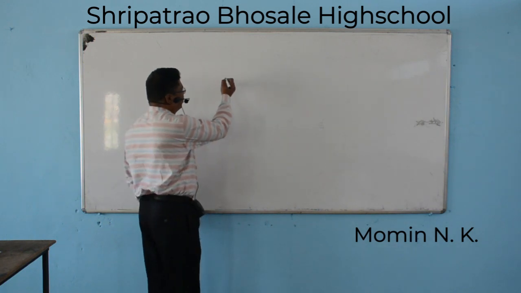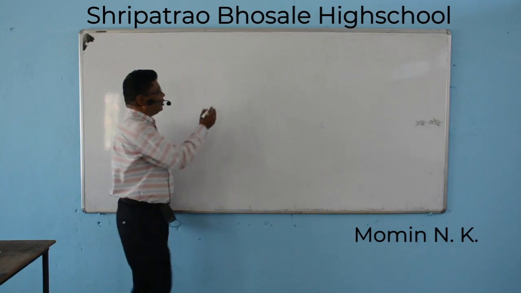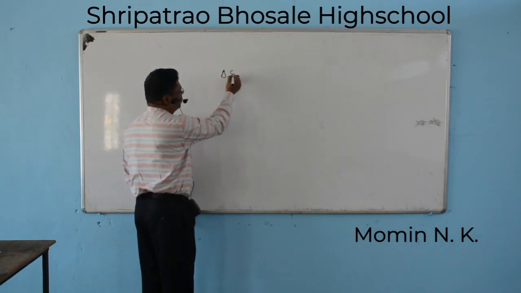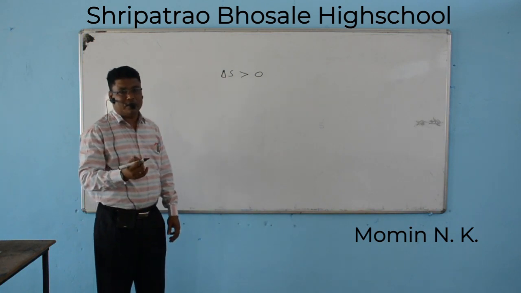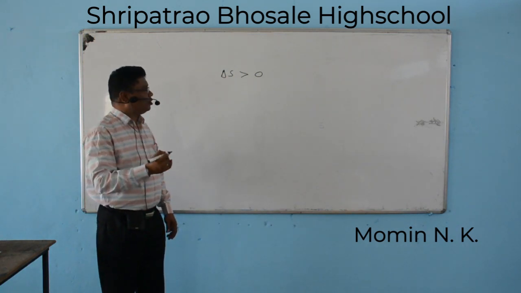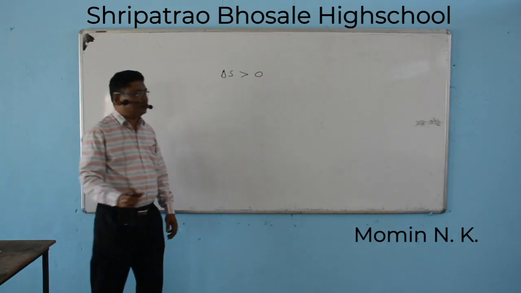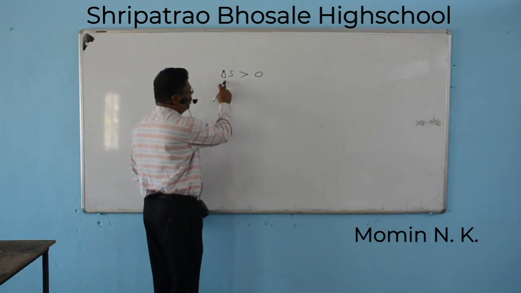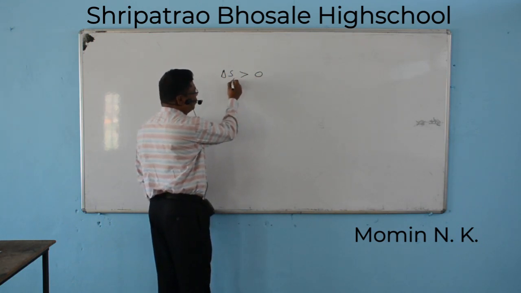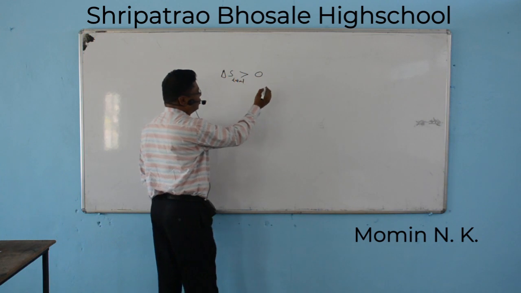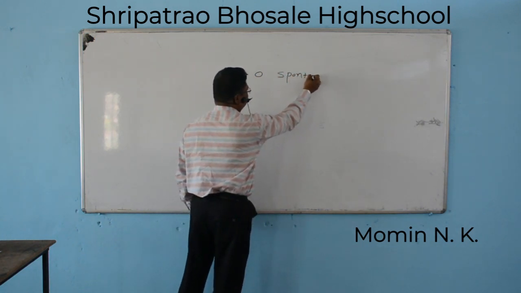But before that, you know that for a spontaneous process, delta S should be greater than 0. Whenever delta S total is greater than 0, then the process is said to be spontaneous.